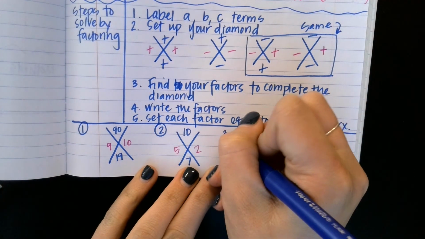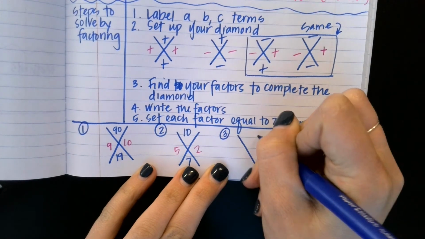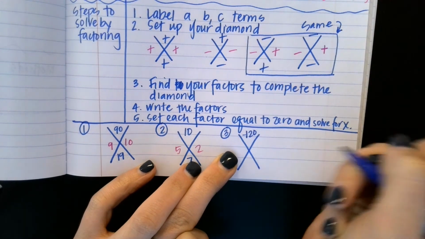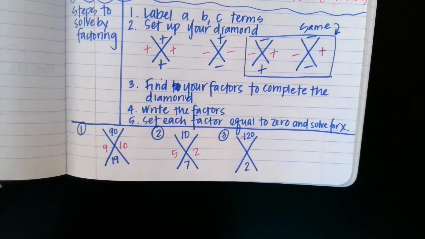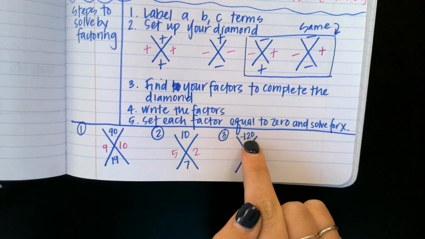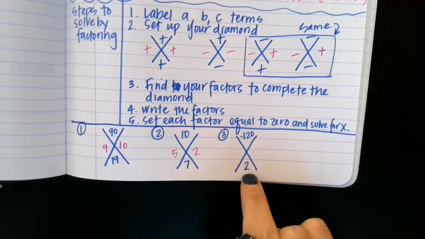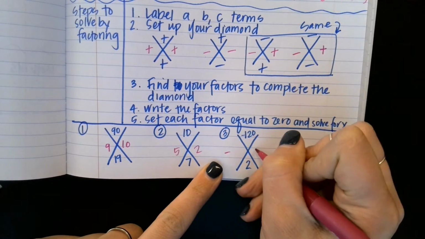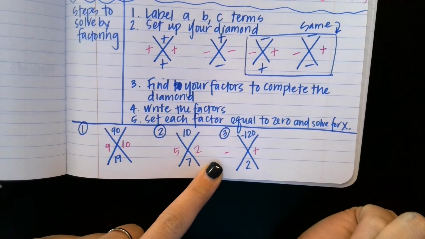Let's do a medium one. I think you guys can get this one though. What about negative 120 and positive 2? Now look up here where I have your diamond problems, if I have the negative number on the top and a positive number on the bottom, that means one of my numbers has to be a negative number and one of them has to be a positive number. You guys with me?